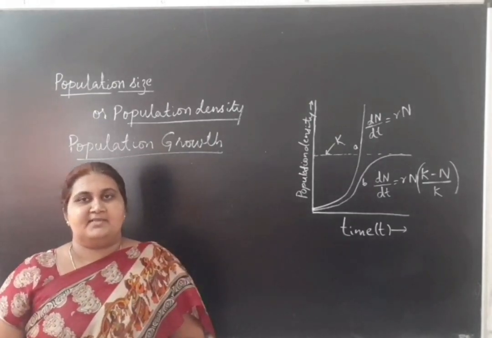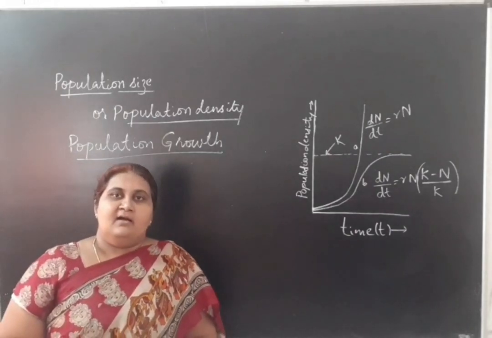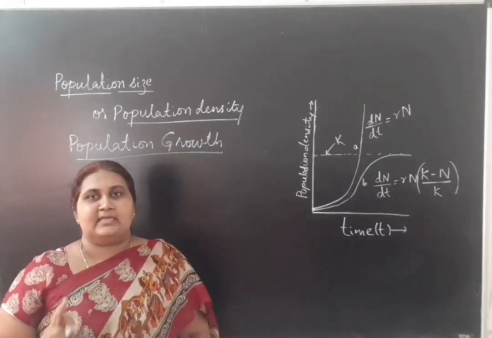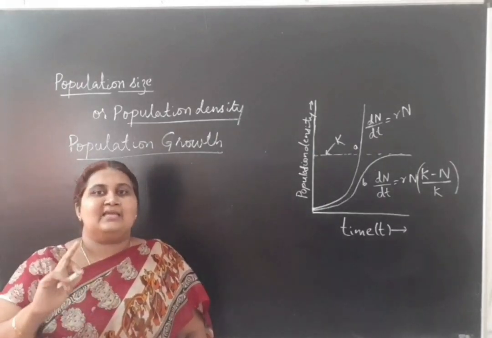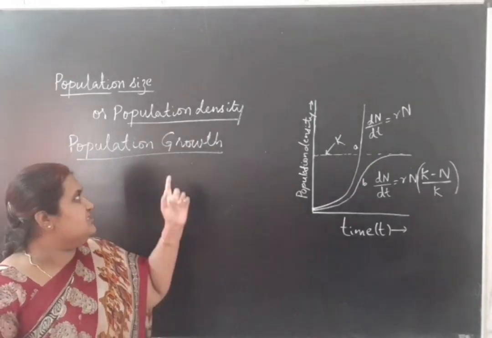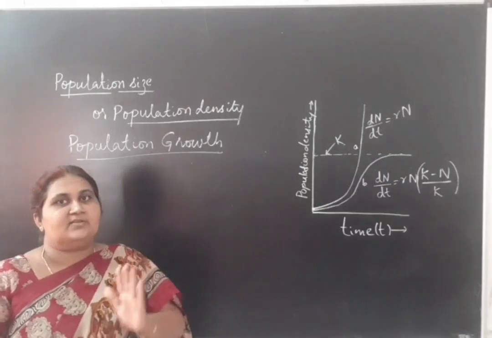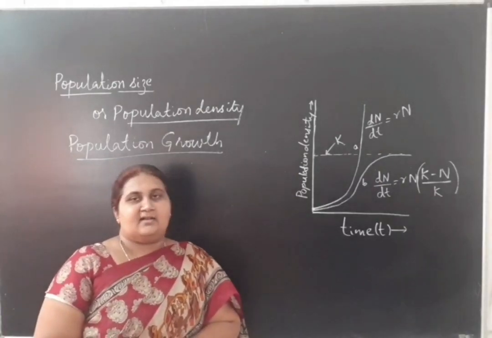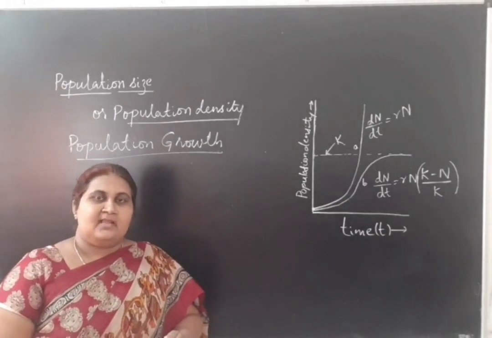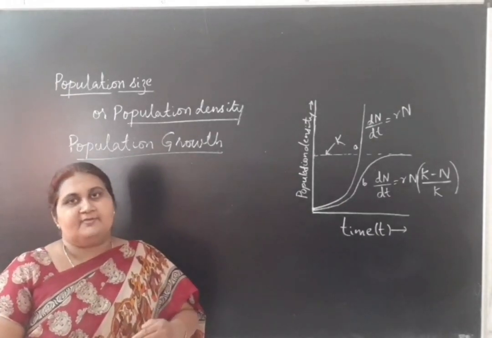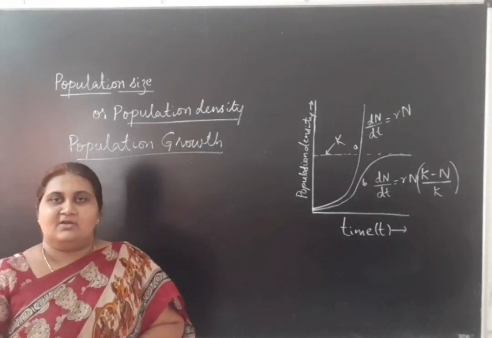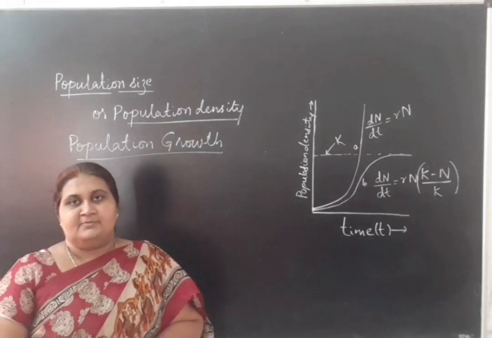The 2 processes, natality and immigration, will increase the population size, and we call it population growth. Due to mortality, death rate and emigration, there will be a decrease in the population size, loss of individuals.